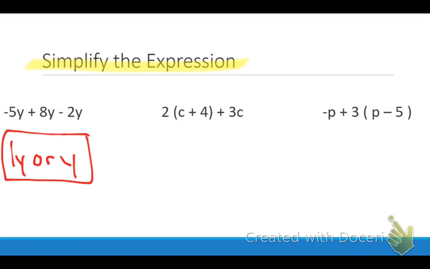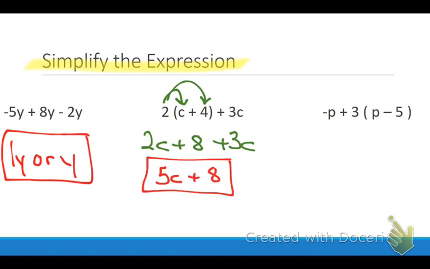All right, now in the second one, what's in parentheses, c plus 4 cannot be combined. They are not like terms, so I must multiply using distributive property. 2 times c is 2c, 2 times 4 is 8, plus 3c. What terms can you combine here? 2c and 3c to make 5c plus 8. You cannot combine it any further than that because they are not like terms.